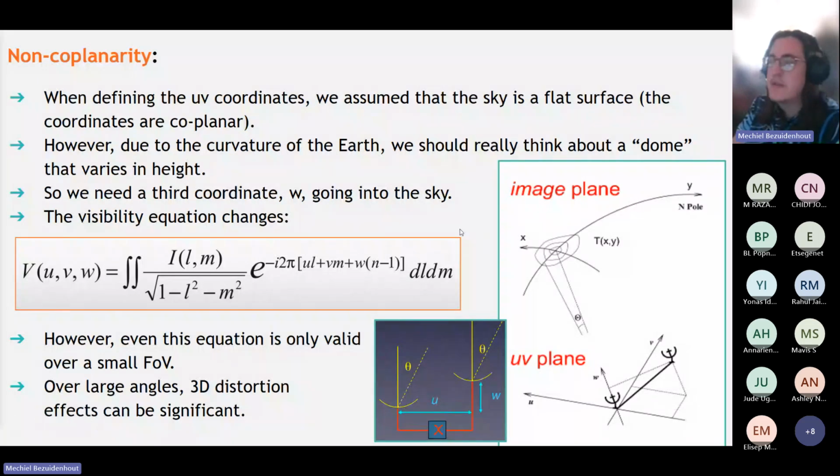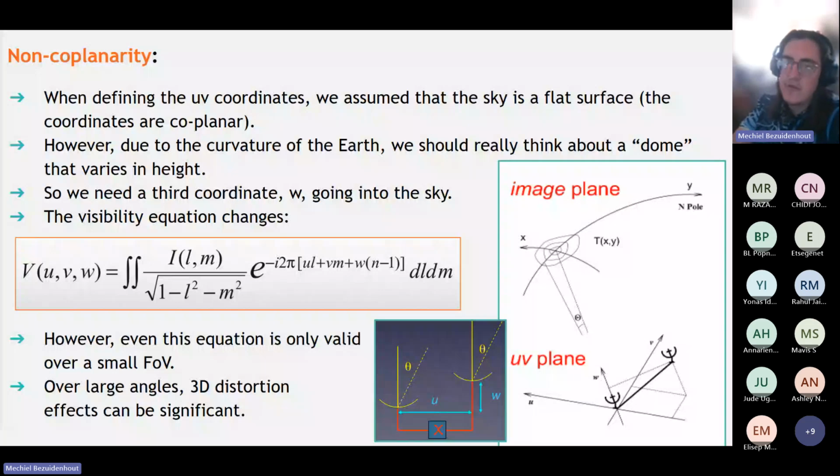Another important effect is what we call the W term effect, and that's caused by non-coplanarity of the sky. That sounds complicated, but really what it means is that when we usually define the UV coordinates, we assume that the sky is a flat surface, right? Meaning that the UV coordinates are coplanar. They're in the same plane on the sky.